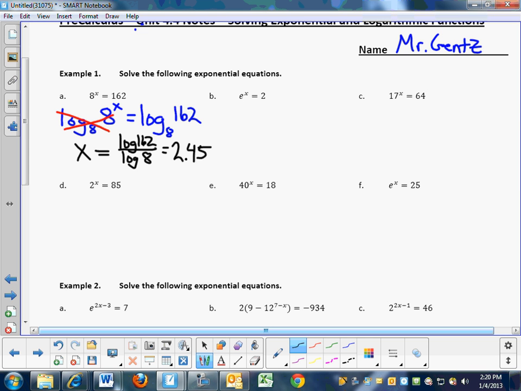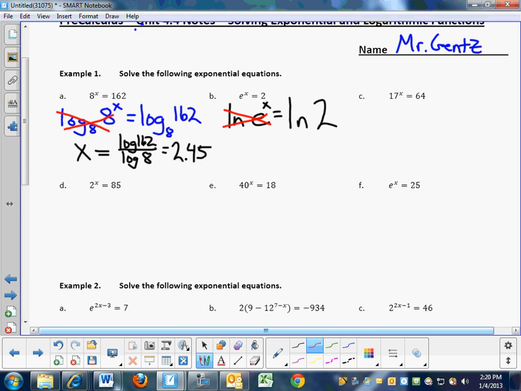Okay, next one. What is the base for letter B? E. So I'm going to do what to both sides? Natural log of e to the x equals natural log of 2. Sure, go ahead, right? Log base e. What happens in this case?